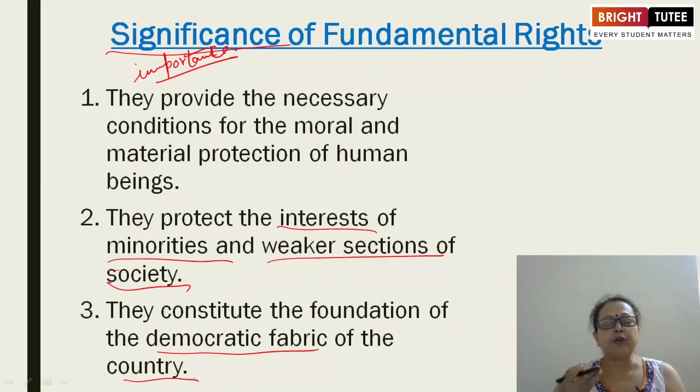If you remember, in the history part you are learning that Gandhiji used the concept of unity of all sections of society. So again the Constitution says that they constitute the minority and weaker sections of society, and the foundation of the democratic fabric.